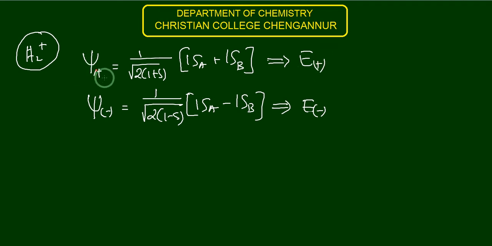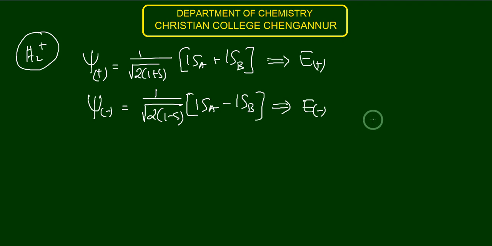The E plus energy profile corresponds to a minimum. If the electron is occupying the Psi plus molecular orbital, then it will follow the energy profile of E plus, which has a minimum at a certain internuclear distance of 1.32 angstrom.